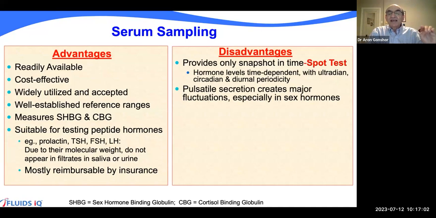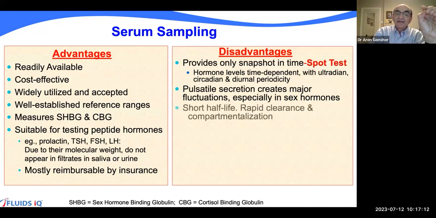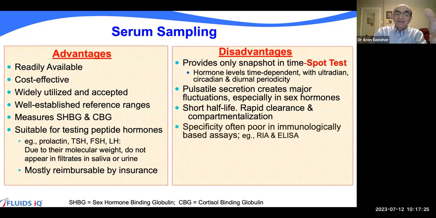So that every second, every minute, that secretion changes. And so it creates major fluctuations, especially for sex hormones. It also has a very short half-life. And so there's rapid clearance and compartmentalization in different parts of the body. So you've got to be lucky that you're picking it up with a spot test. And the chances are you're not.